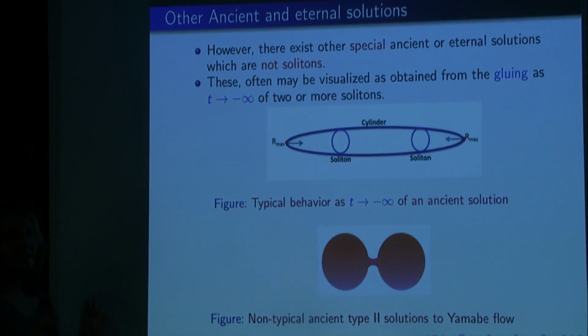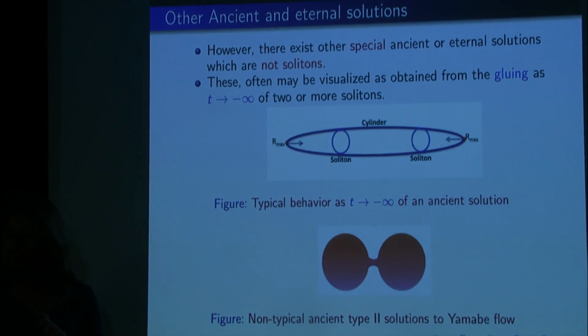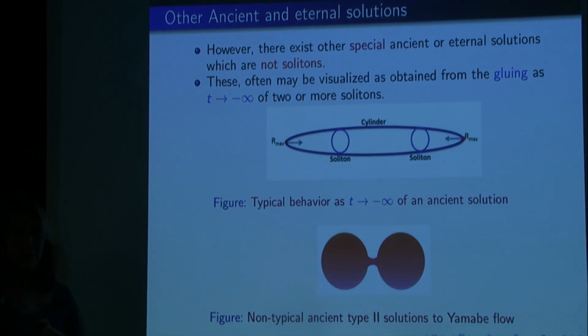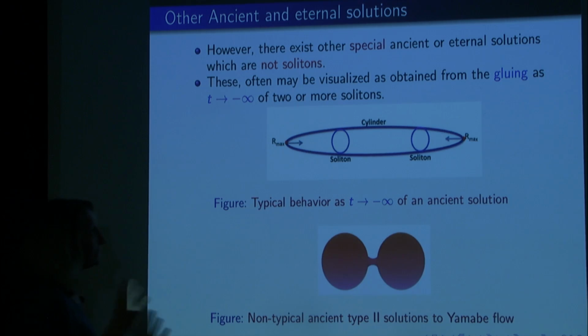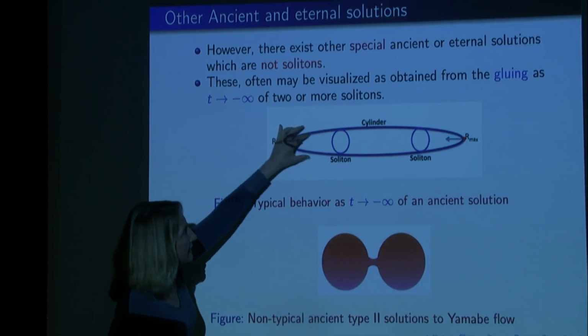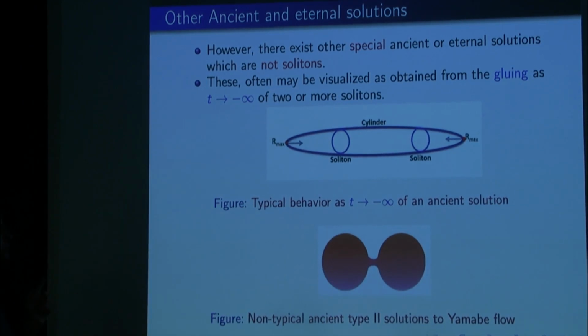And now this one is not self-similar. It doesn't move by shrinking, expanding, or translating, but it's a combination of things. And very typically, near the tips, you see something like that. That's why I put them back to back.